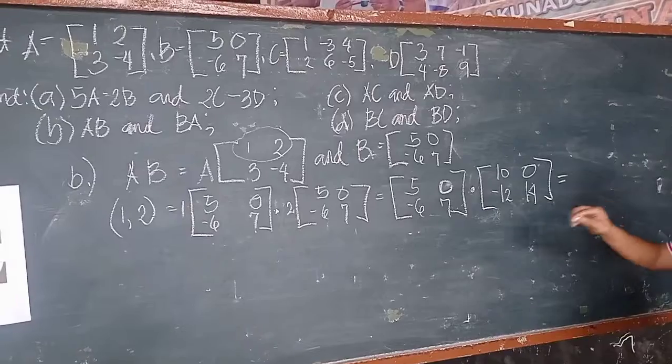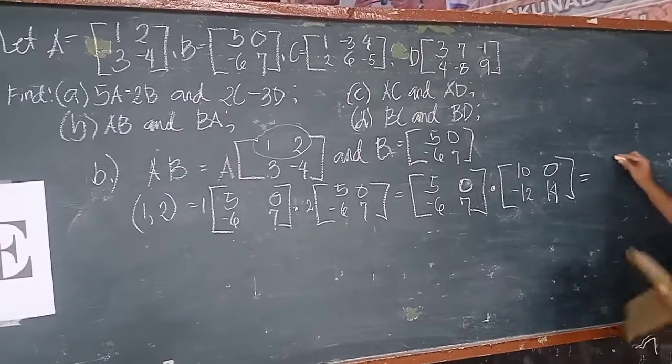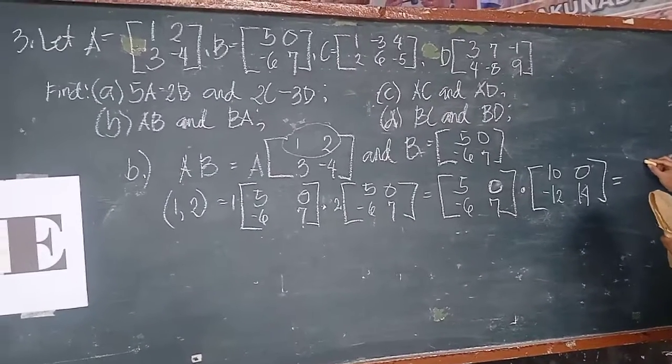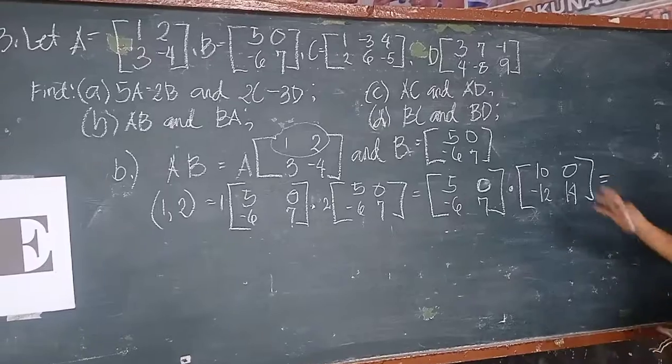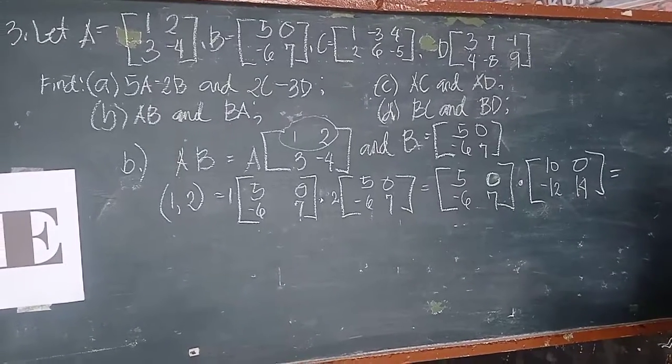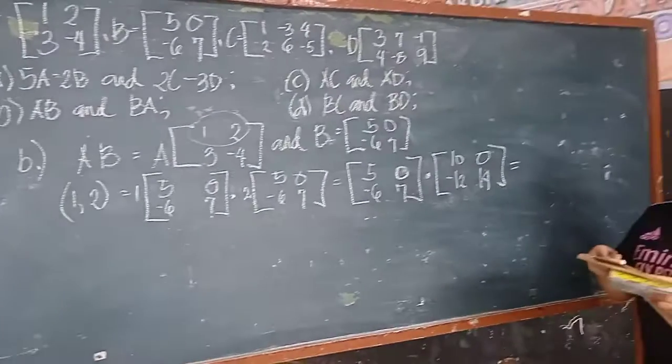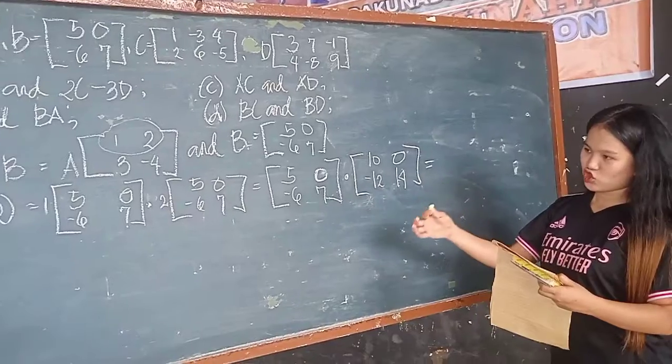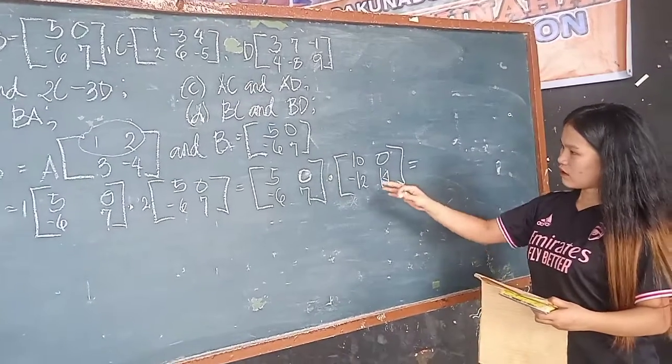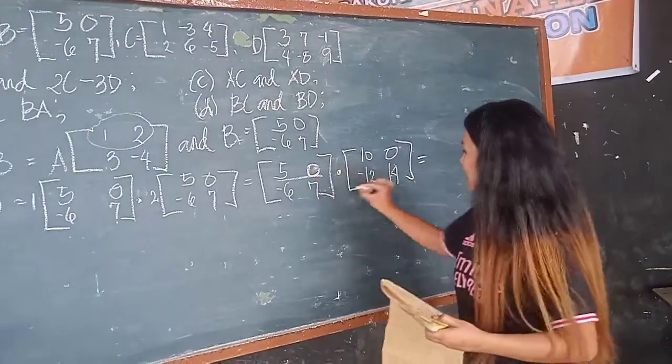To get the value of A, the first values are 1 and 2, the first line and second line.